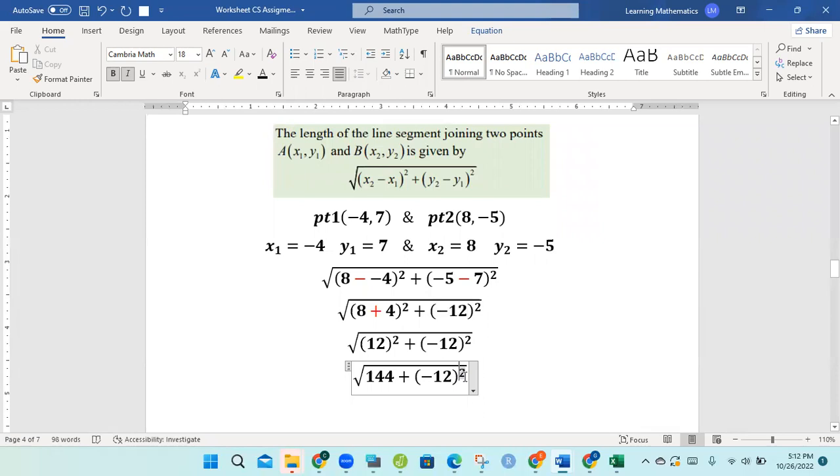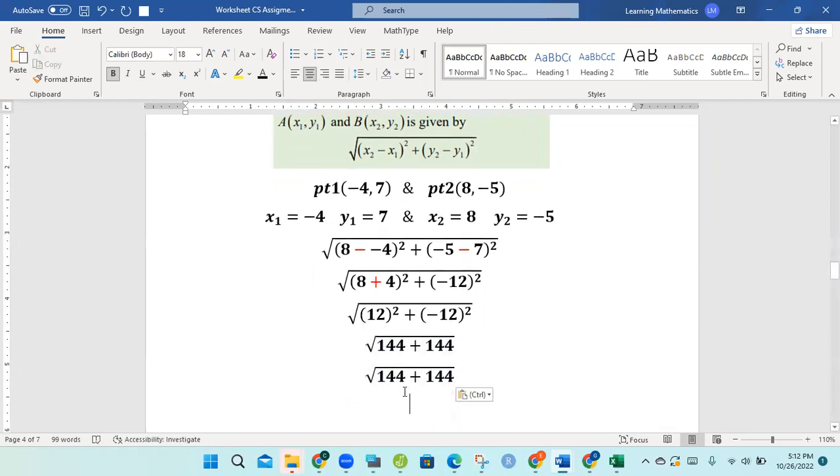So negative 12 times negative 12 is another 144. So we have to add 144 plus 144. That will give us 288. I need to find the square root of 288.